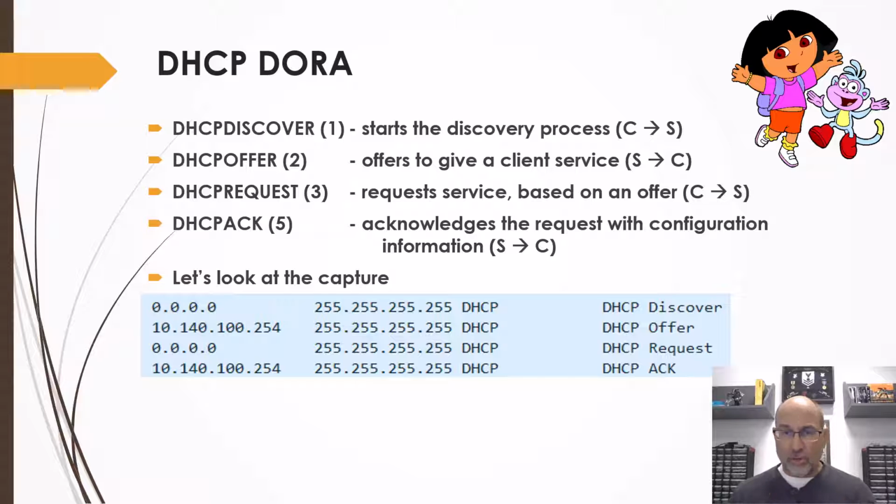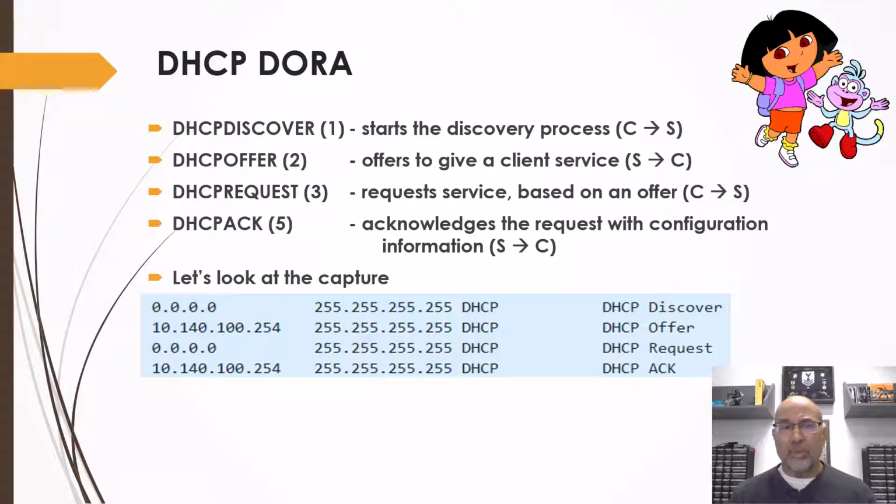Now, if there's a server there, then the server opens this up because it's a broadcast and recognizes it as a DHCP discover. Failing that, there might be a relay agent there that does the same thing. Now, the DHCP offer comes back from the server, but it's also going to the broadcast address because the client doesn't have an IP address yet. So it's got to use the broadcast address.